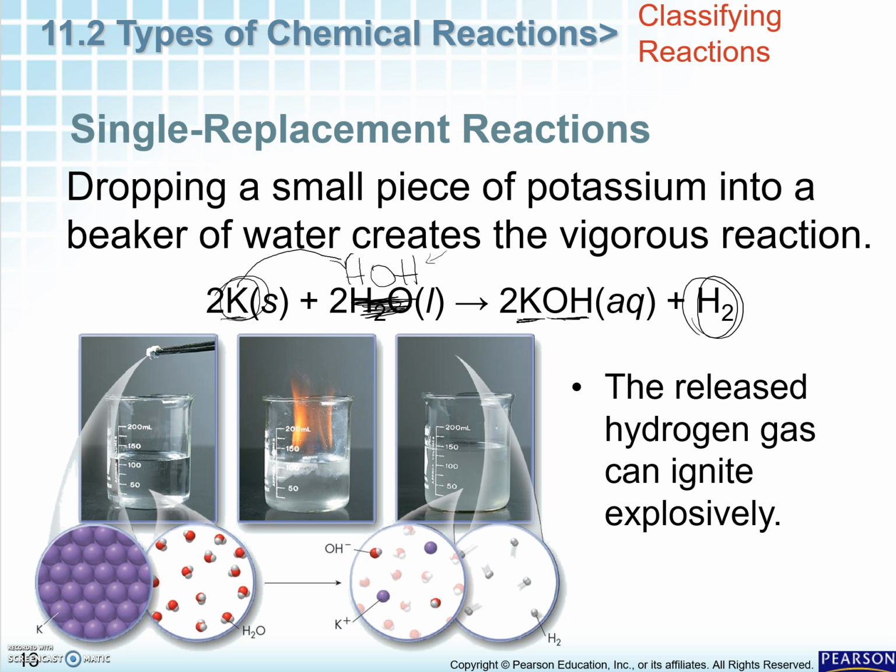Now, if you want a basic generalized kind of like a formula for looking for single replacement reactions, here you go. So you would have your first one all by itself plus something in a compound.